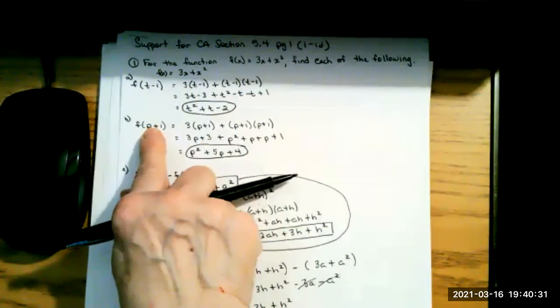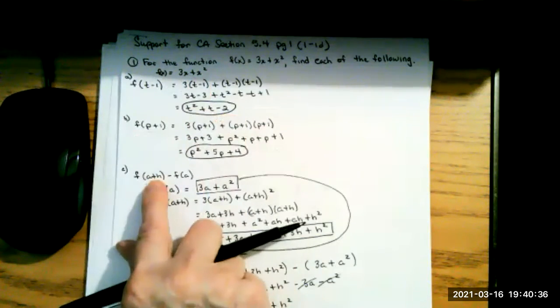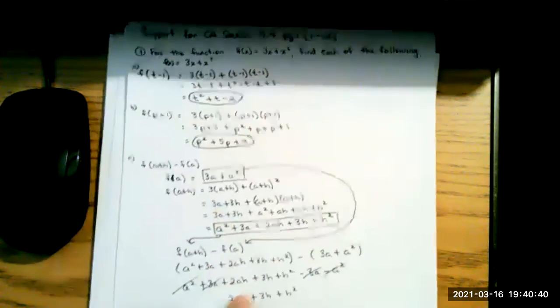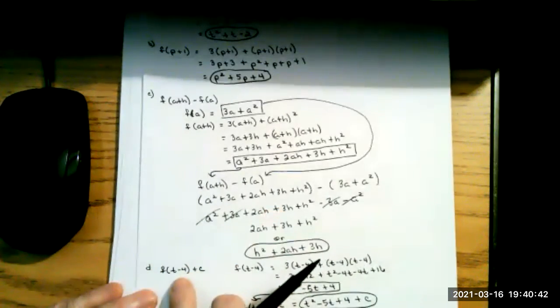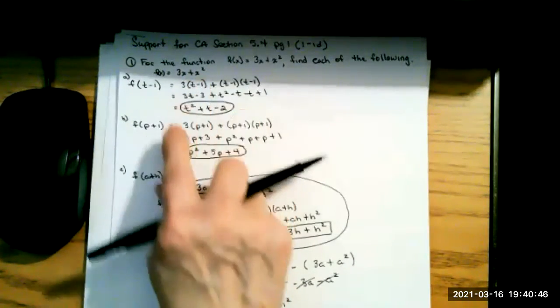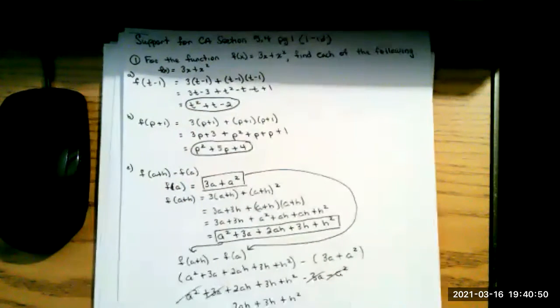So if it's p plus 1, I'm sticking p plus 1 in the x spots. If it's a plus h, I'm sticking a plus h in the x spots. If it's t minus 4, I'm sticking t minus 4 in the x spots. Whatever's in this parentheses is what I'm sticking in the x. Okay.